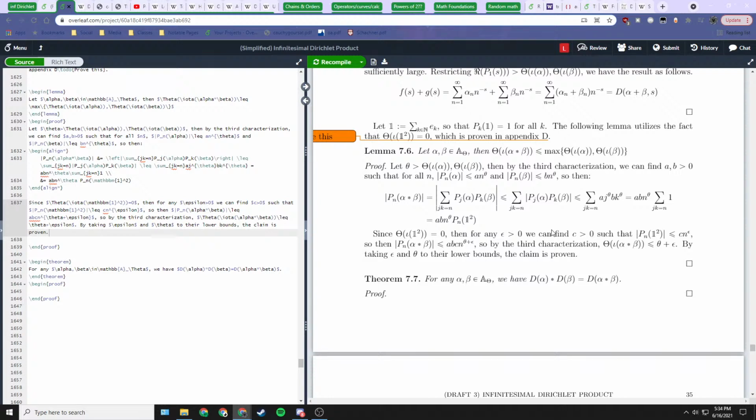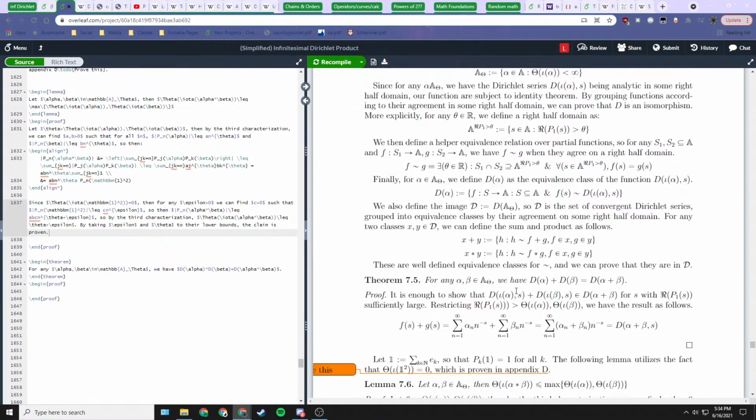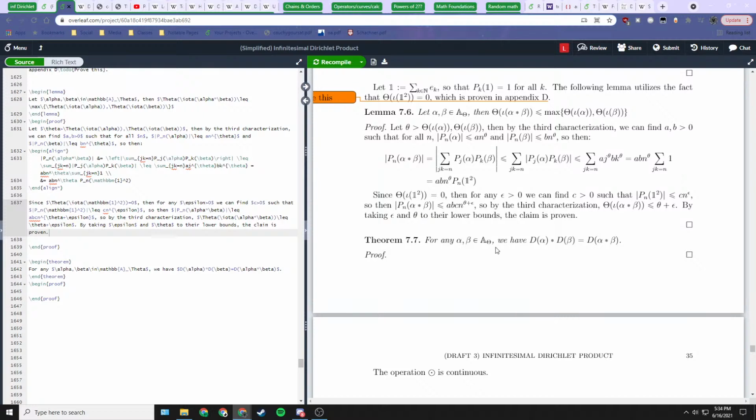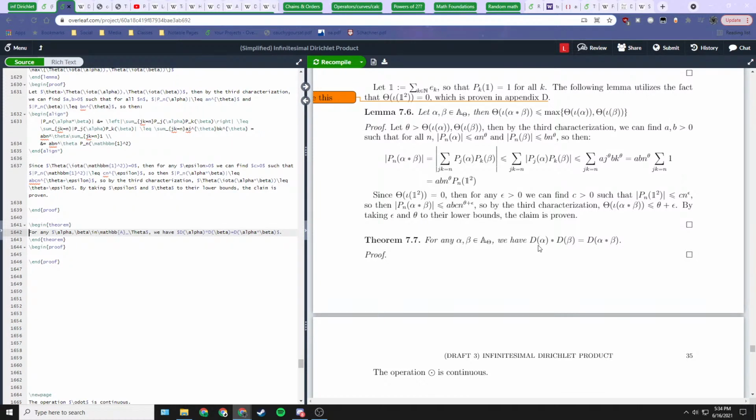So that is that. So now the theorem becomes a lot easier once we have this. The theorem is just that D alpha times D beta is D of alpha times beta.